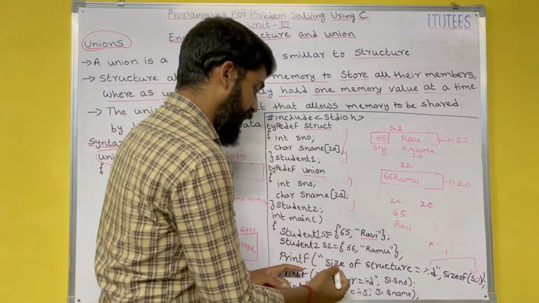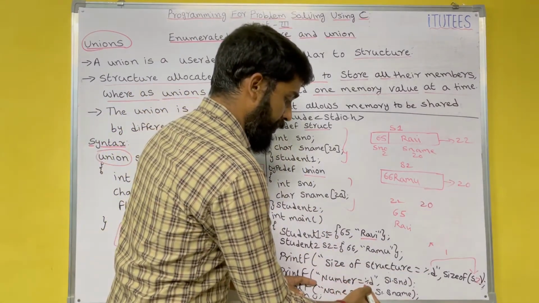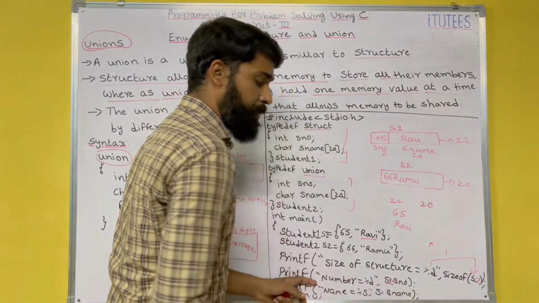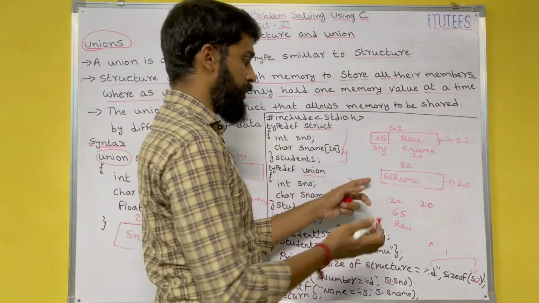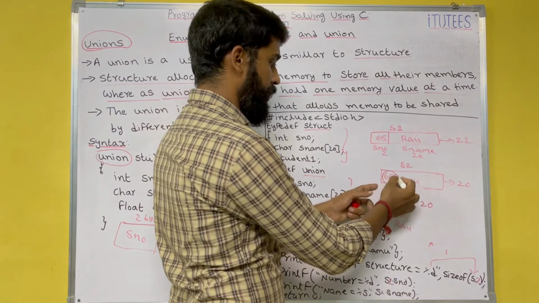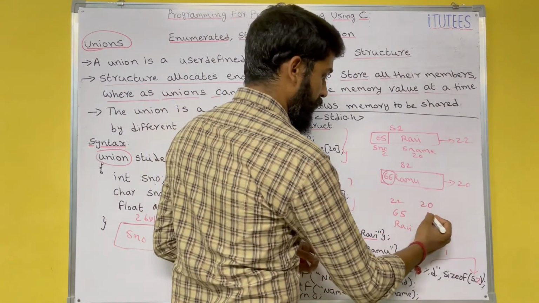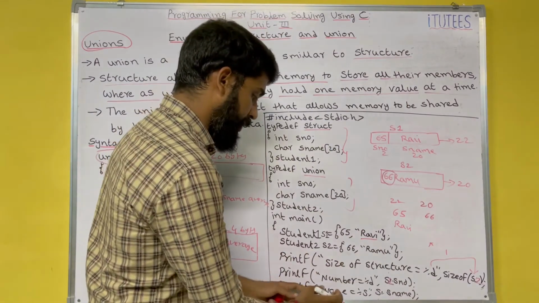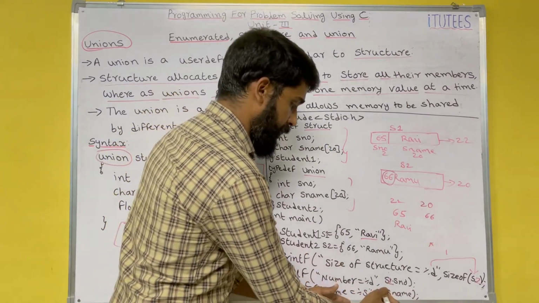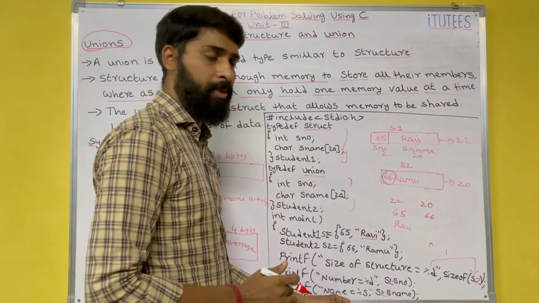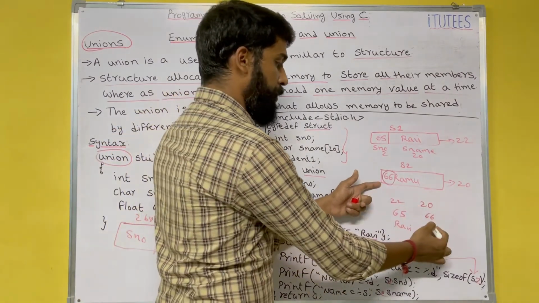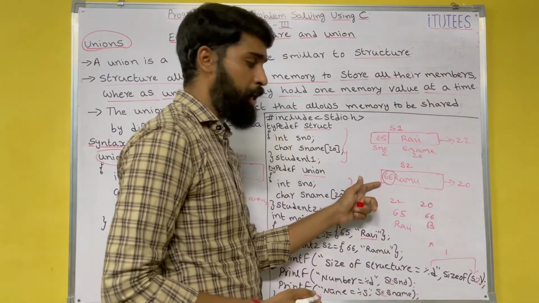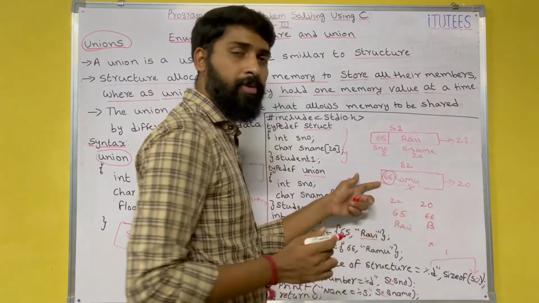Now, printf number equals S2 dot S number. What is S2 dot S number here? 66. It prints 66 as the output. Then printf name equals S2 dot S name. Now it prints B as the output. It does not print Ramu. Why?